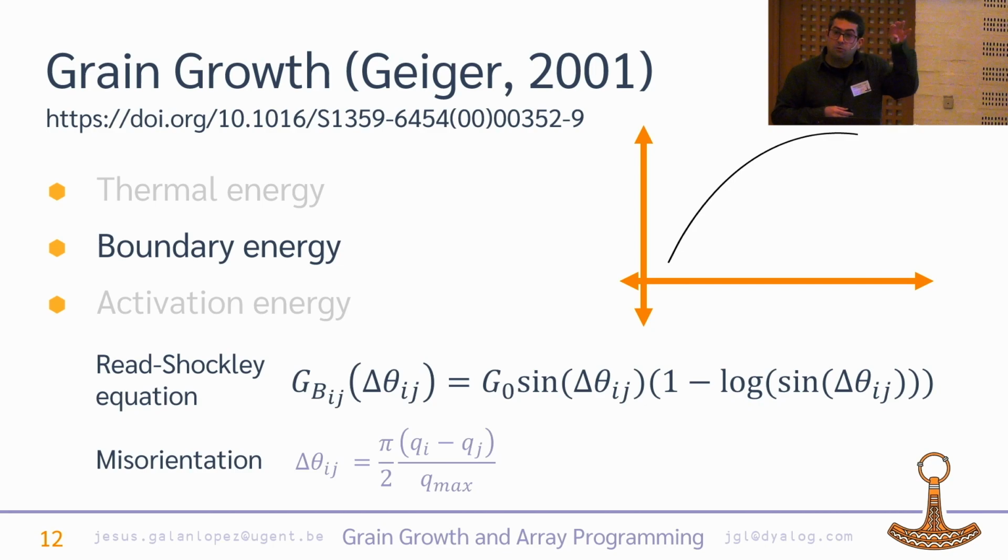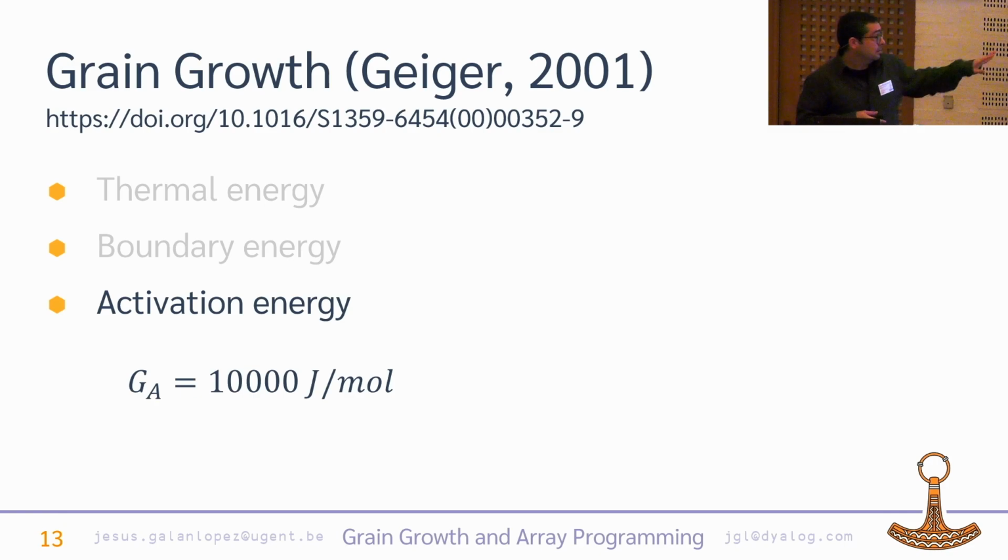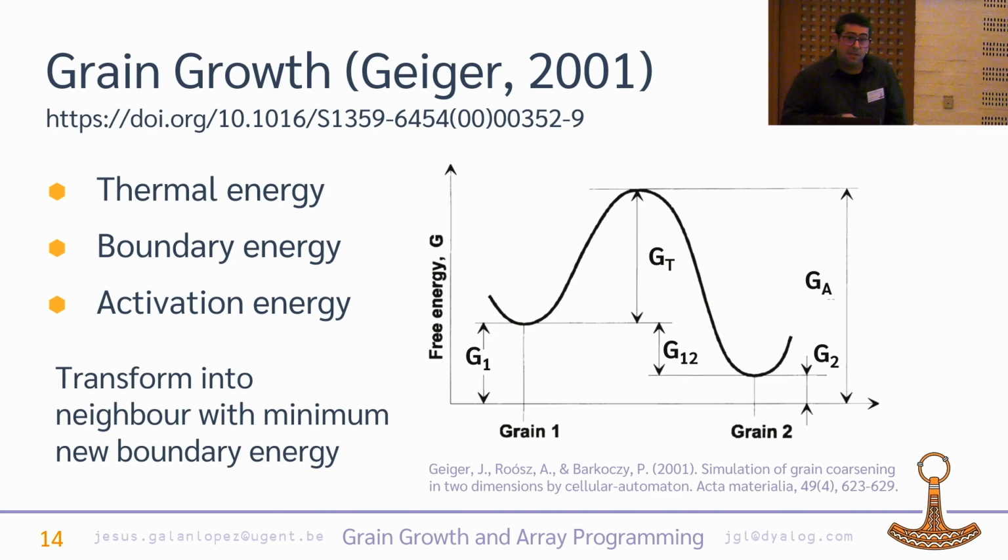So for orientations, we use integers. Each cell will have an integer that is the orientation, and that simple formula there will give them the misorientation. And then we have an activation energy. This is just a constant value. And what will happen in the material is that they have some transformation rules. Here, the cell will transform if the boundary energy plus the thermal energy is larger than the activation energy.